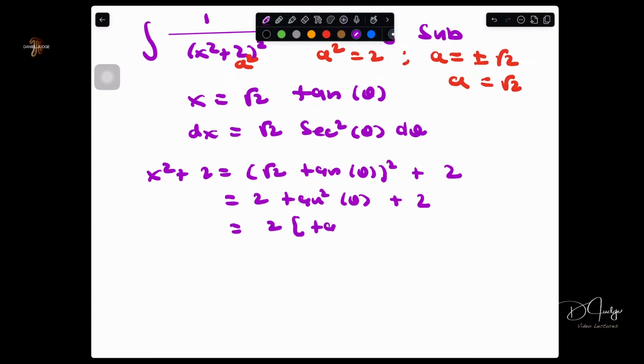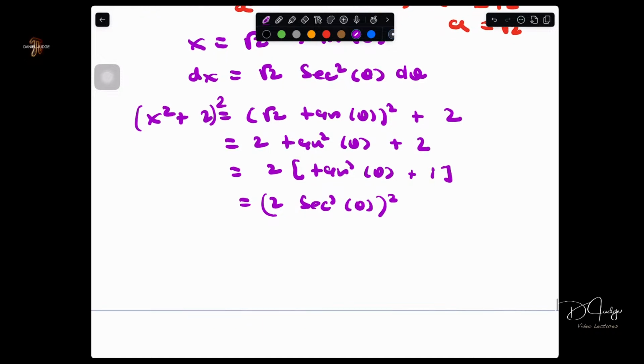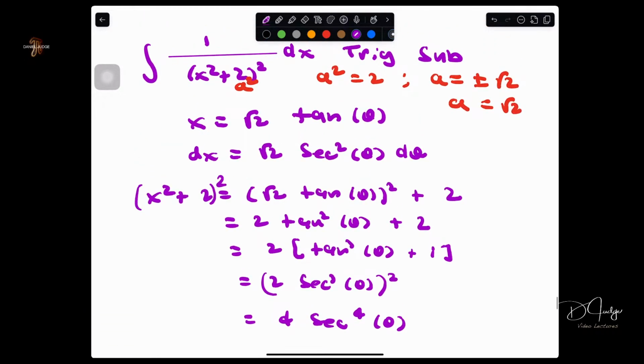Factor your 2 out: tangent squared theta plus 1, which is 2 secant squared theta. Now don't forget to raise this whole thing to the power 2. We get 4 secant to the 4th power theta.